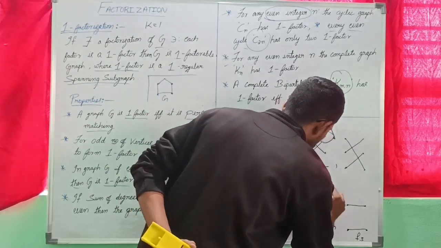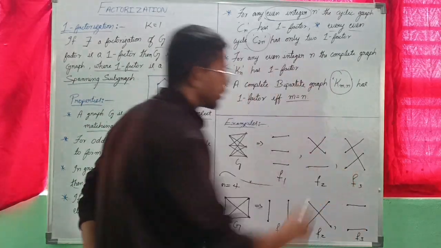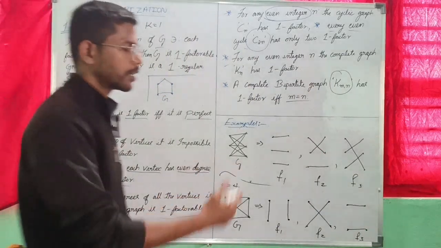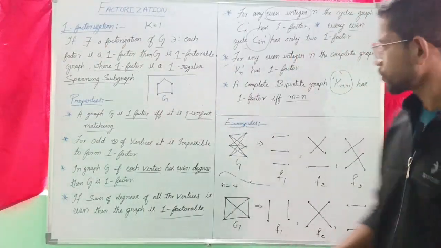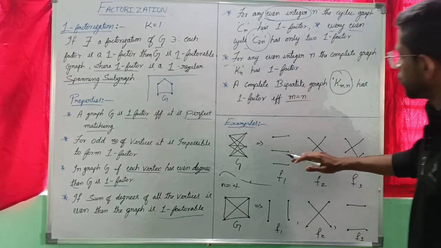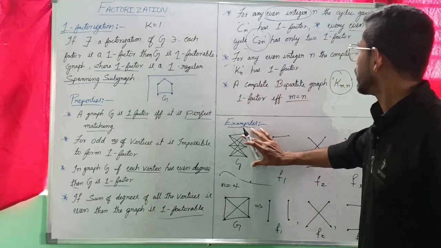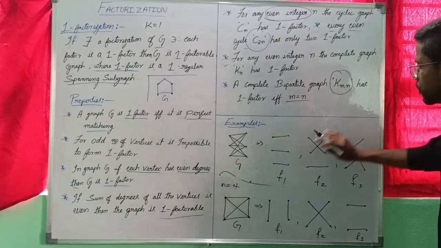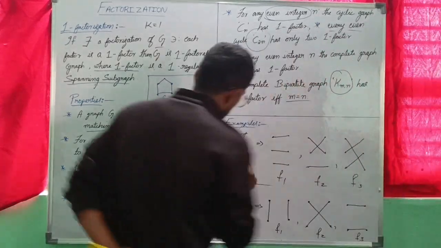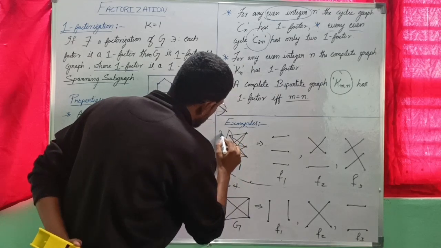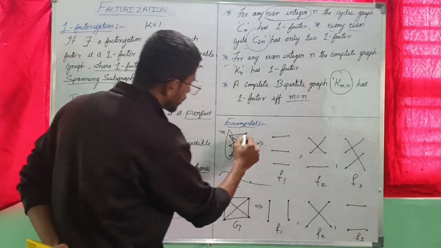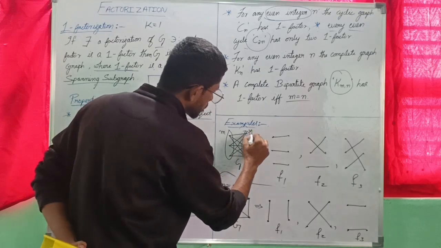Here for this complete bipartite graph, take this set of vertices as m and this set of vertices as n.